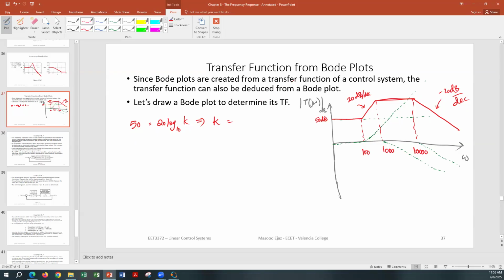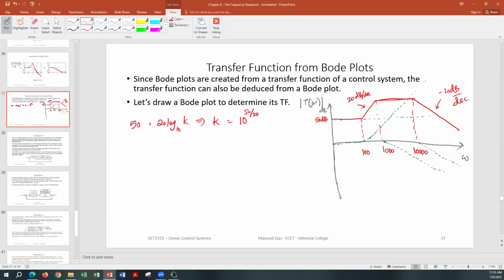Okay. 50 or 20? Exponent. Well, the base is 10. If it's a natural log, then you take the exponent.